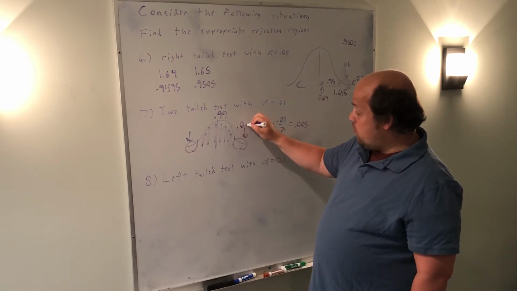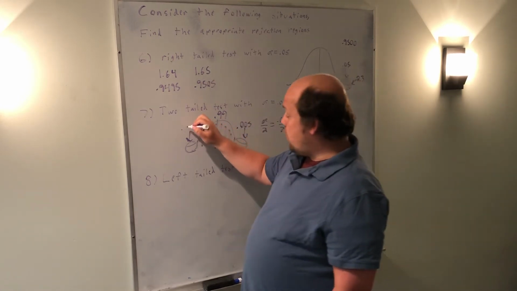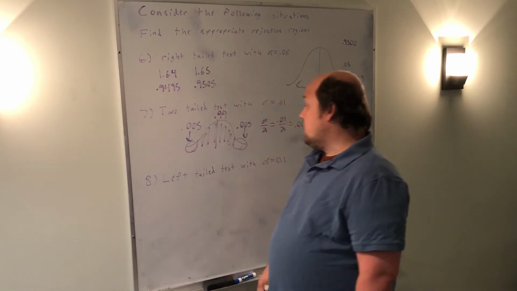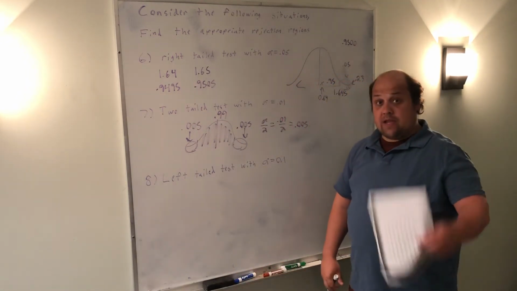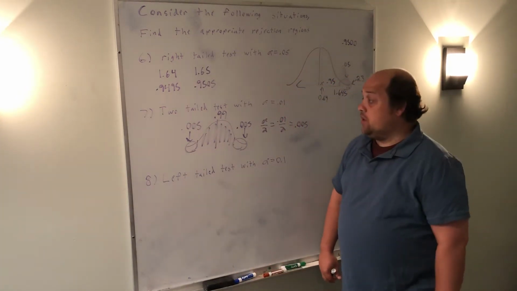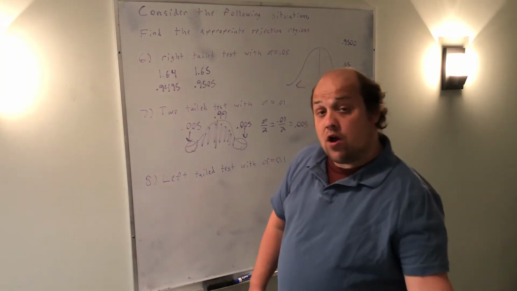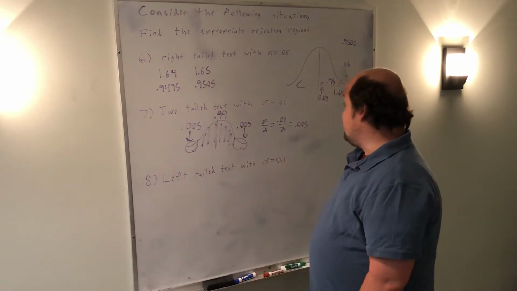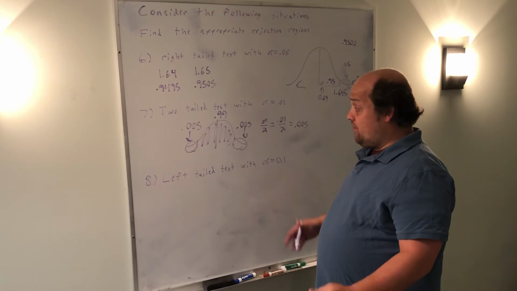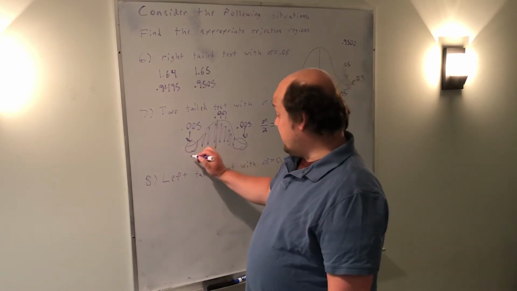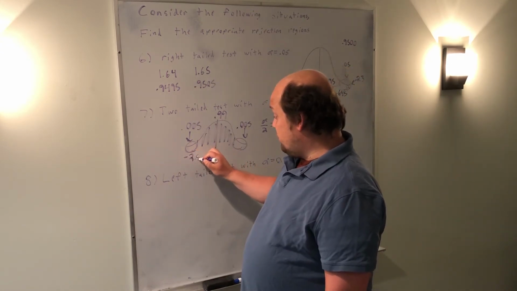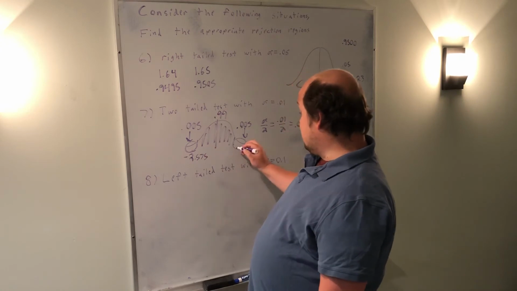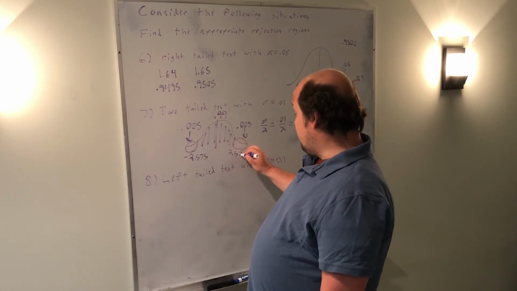So we have 0.005 in this tail, 0.005 in this tail. To find out where that's happening, we again use our sheet. We look in the middle for 0.0050. This is the same thing that we actually did with a 99% confidence interval. So I get the same answer. This gives me negative 2.575. This gives me positive 2.575.